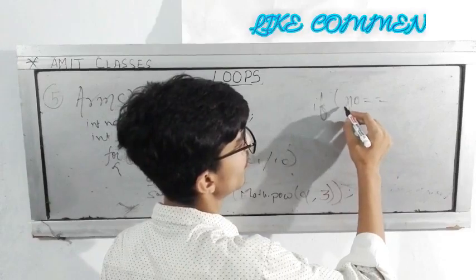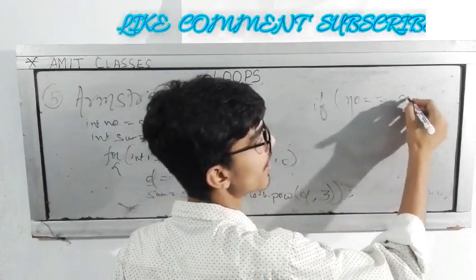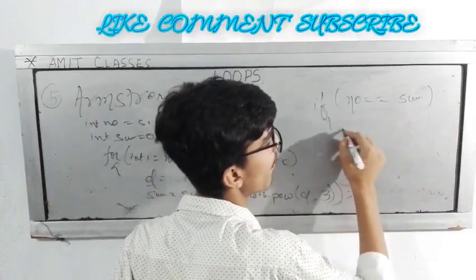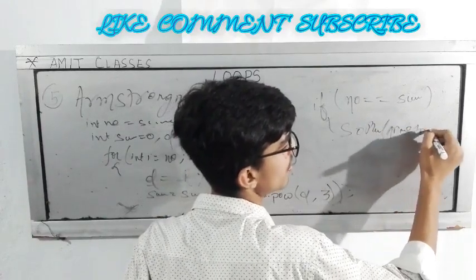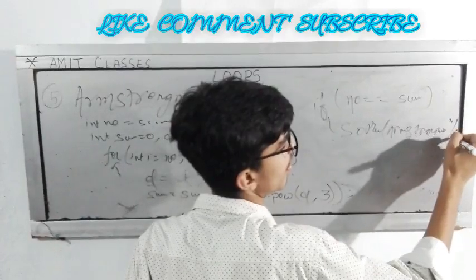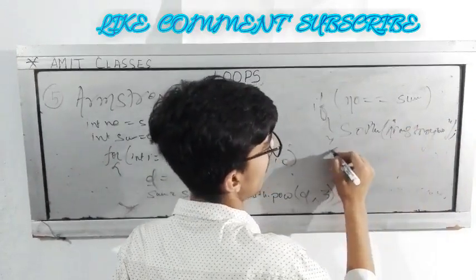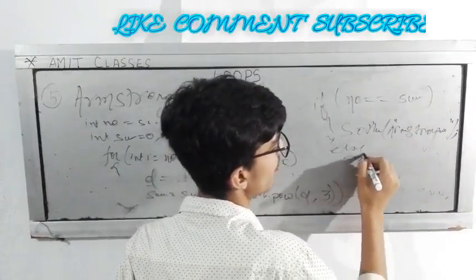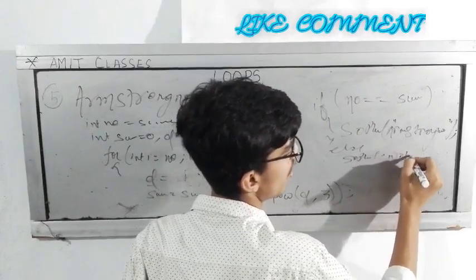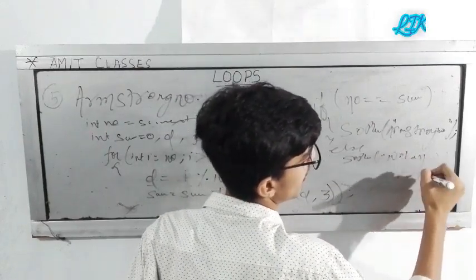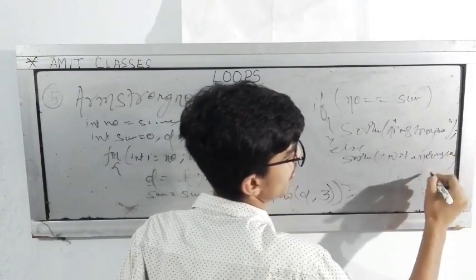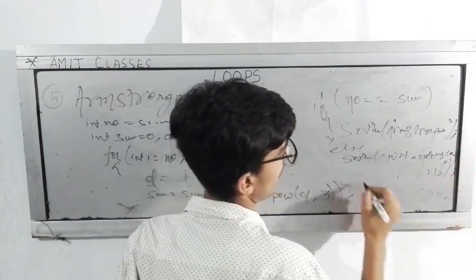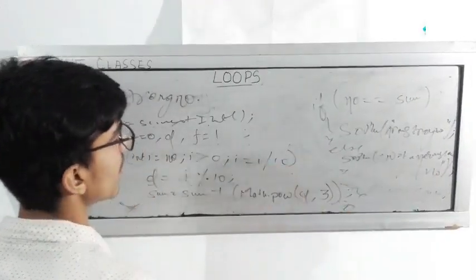So we'll do, if number is equal to sum, then SOPLN Armstrong number, else SOPLN not an Armstrong number. We'll close the two braces which we have opened before.